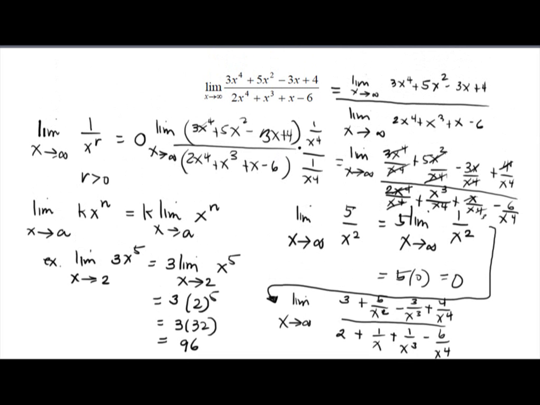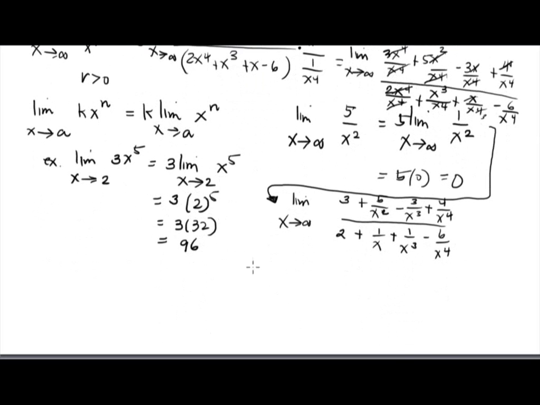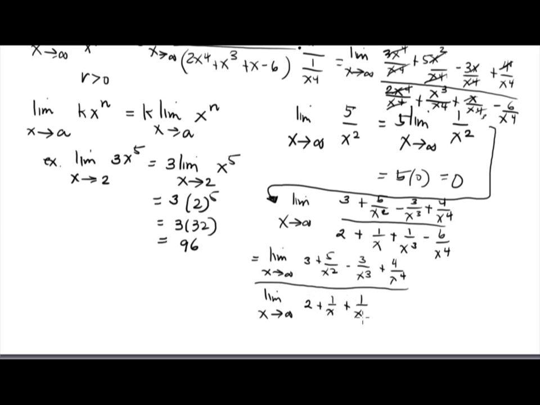So when I get the limit of the numerator and the denominator, this will become limit as x approaches infinity of 3 plus 5 over x squared minus 3 over x cubed plus 4 over x to the 4, and all over limit as x approaches infinity of 2 plus 1 over x plus 1 over x cubed minus 6 over x to the 4.